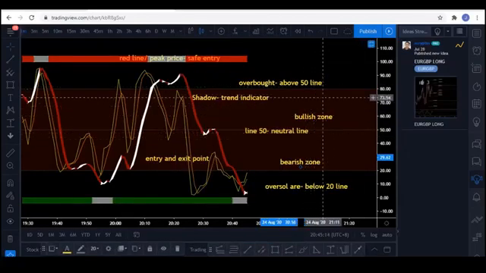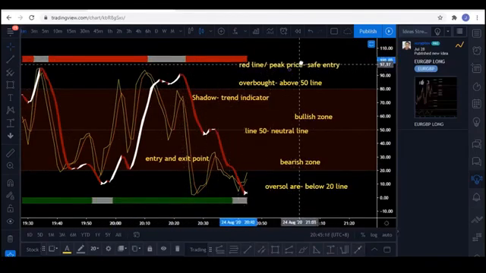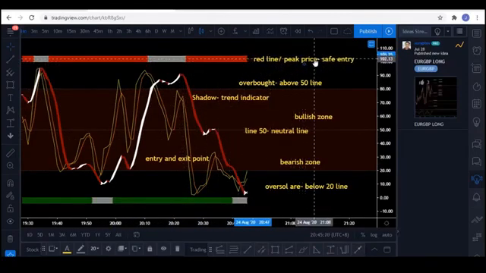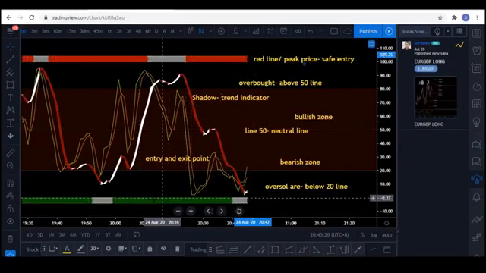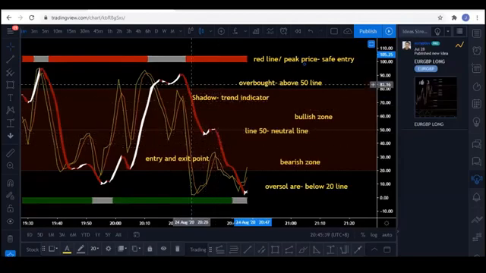Okay, so let's have a recap. What composes our shadow entries? First is our red line, indication of our peak price. So this is a good entry point. And below, this is our green line. This is the bottom of the price, so a safe entry to buy up. We have our shadow trend indicator.